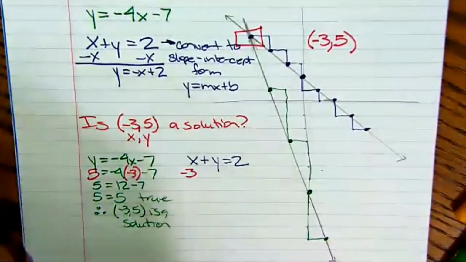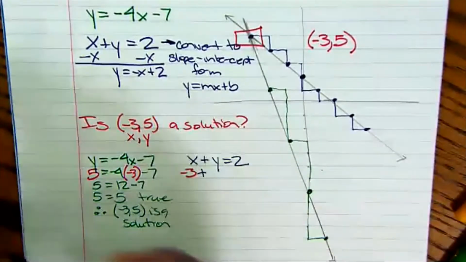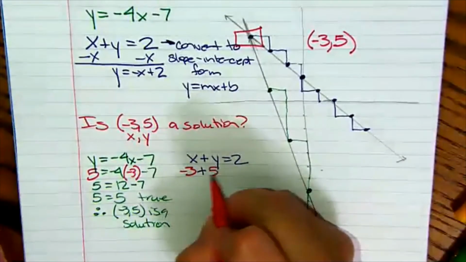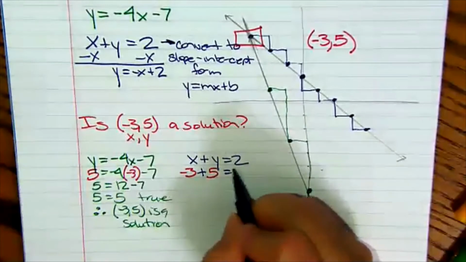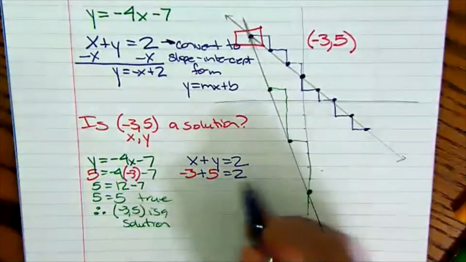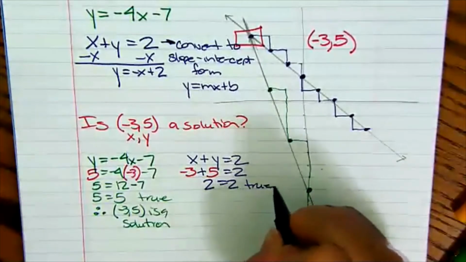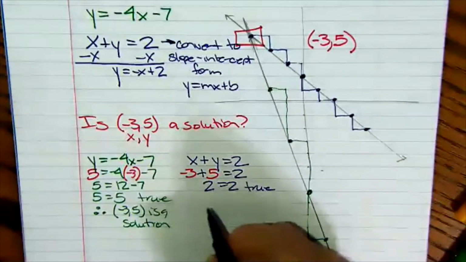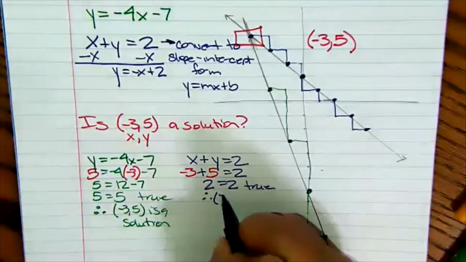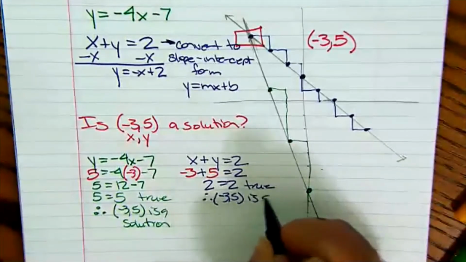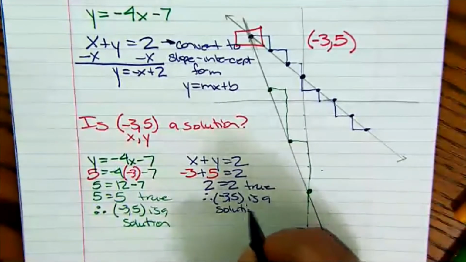So x is -3 plus y is 5 equals 2. -3 plus 5, 2 equals 2. Look at that. That is true. Therefore, -3, 5 is a solution.